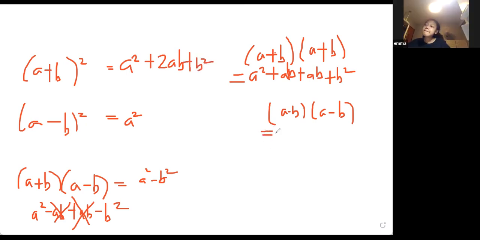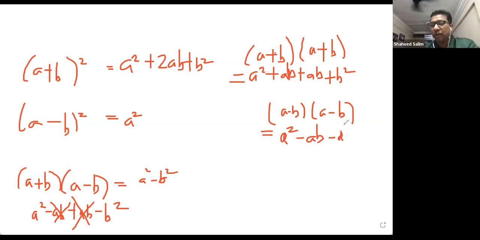This one will be A square minus AB, minus BA, which is also AB.